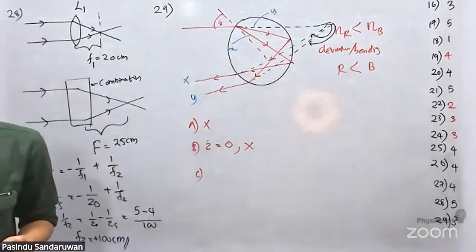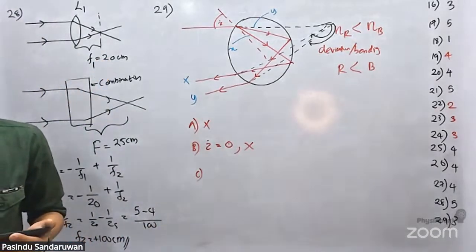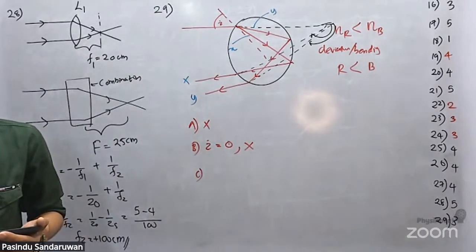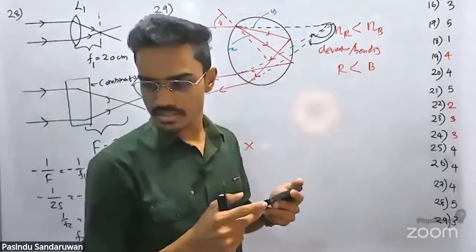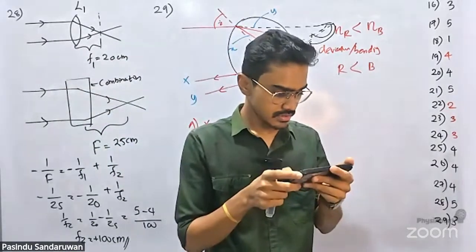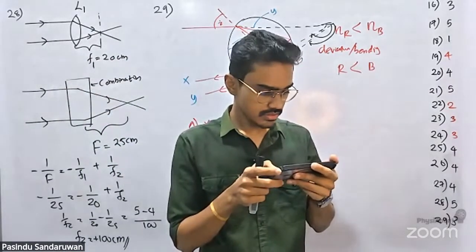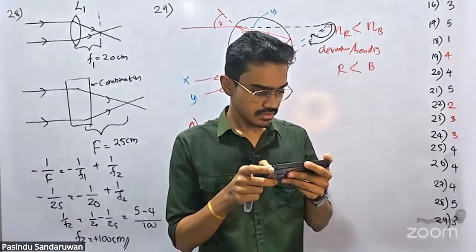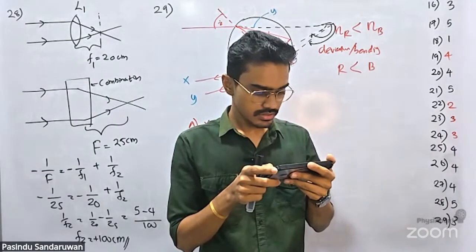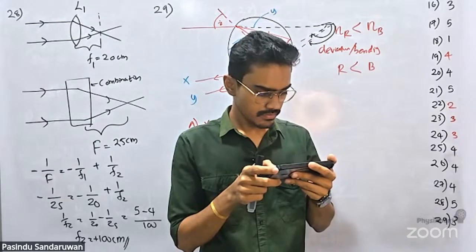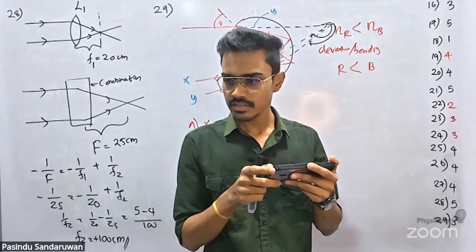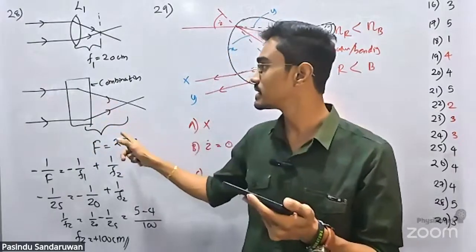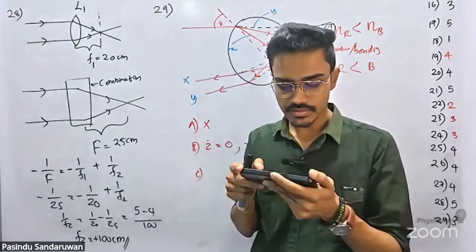Isn't that convex in 28? It's given as 25. So the combination is 25 centimeters and L1 is 20 centimeters.